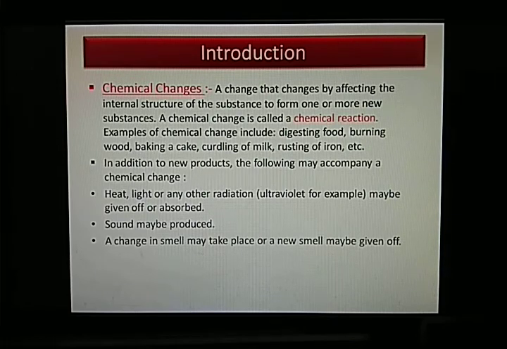The next thing, a change in smell may take place or a new smell may be given off. Yes. There are some chemical changes where the smell of the original substance was something else and the new product that we get, its smell or odor totally changes. In such a case also we can say that a chemical change has occurred. The next point, a color change may take place.